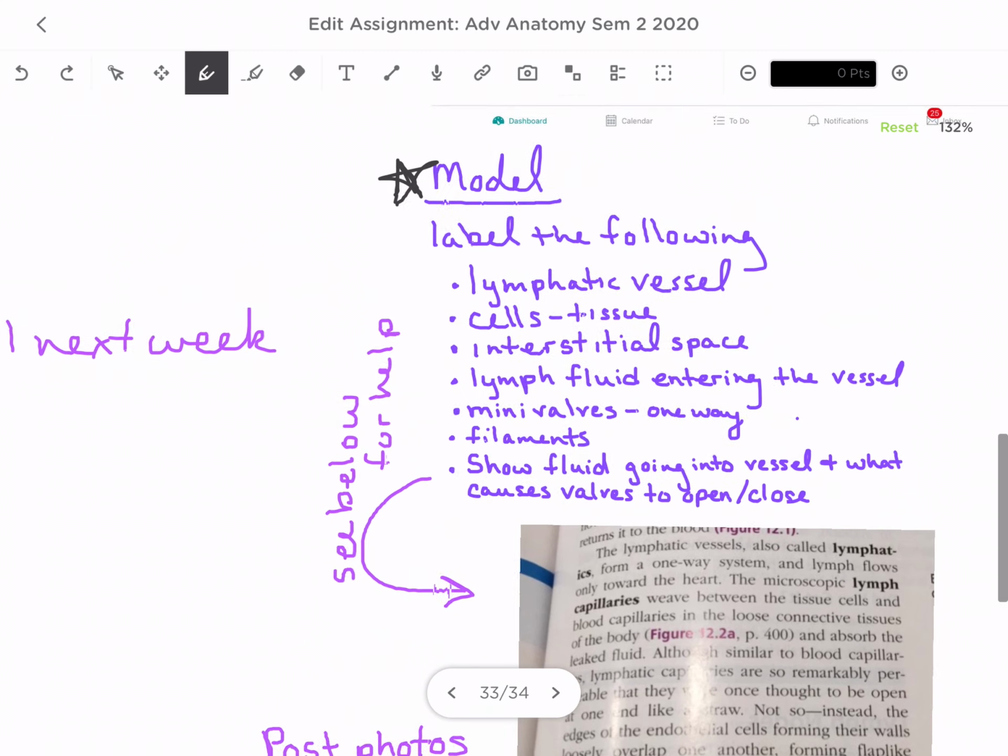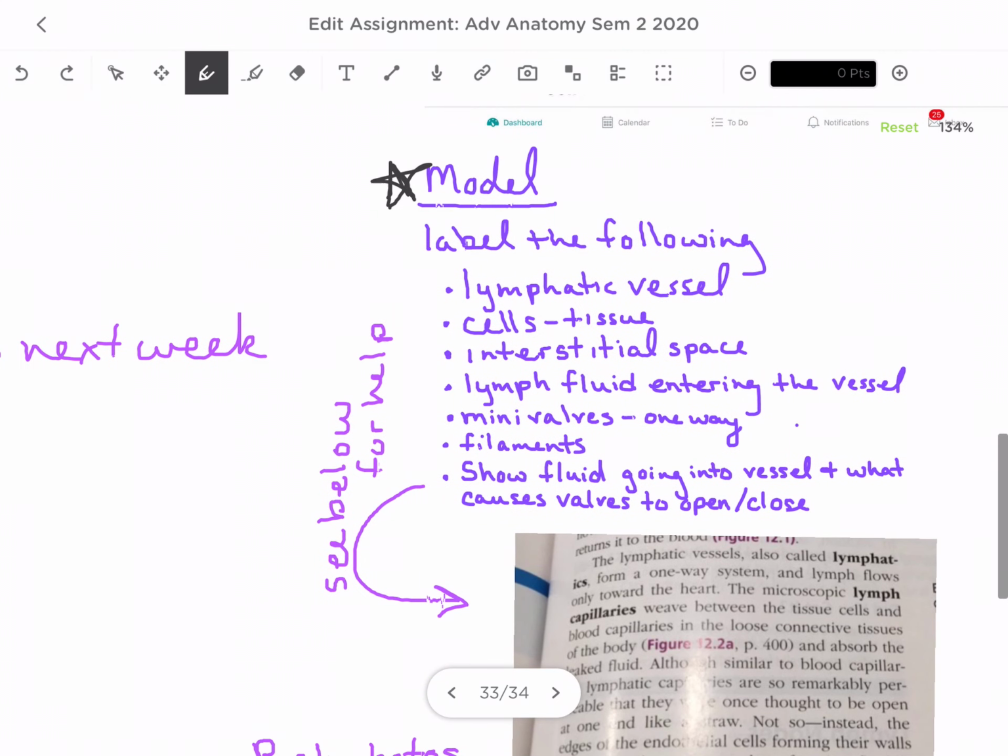When you make it, make sure that you label the following: the vessel itself, and the cells of the tissue that are around the vessel. So in other words, if you have this being the vessel, you would have cells around it. I want you to label the interstitial space in your model.